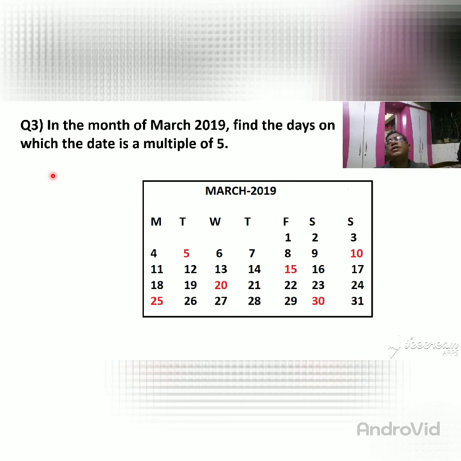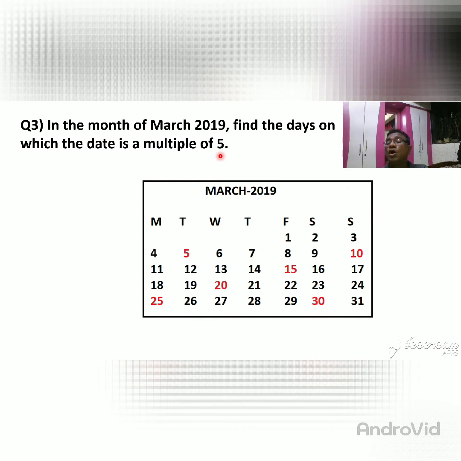So what do they say? They say you can take the multiples of 5. Multiple of 5 means what? 5 ones are 5, 5 twos are 10, 5 threes are 15. It means the number can be increased by 5 by addition of 5. So 5 plus 5 is 10, 10 plus 5 is 15, 15 plus 5 is 20, 20 plus 5 is 25, 25 plus 5 is 30, 30 plus 5 is 35. Is it possible to get 35?